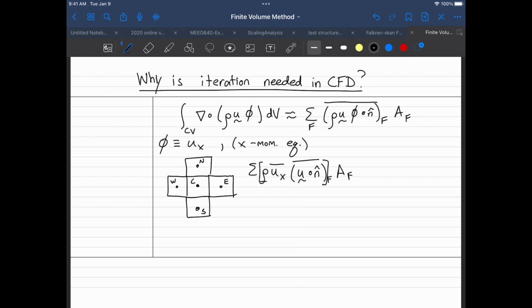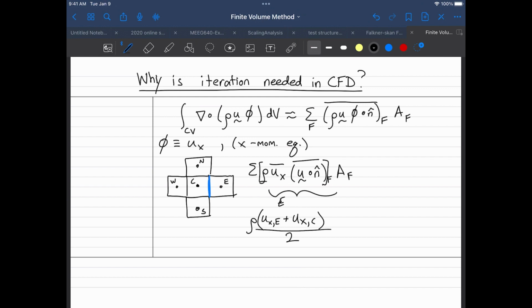Let me highlight one of them here. Let's take the connection between the centroid and the east face, for example. On the east face, that looks like rho times u_x in the eastern cell plus u_x in the centroid, divided by 2, for a central scheme.